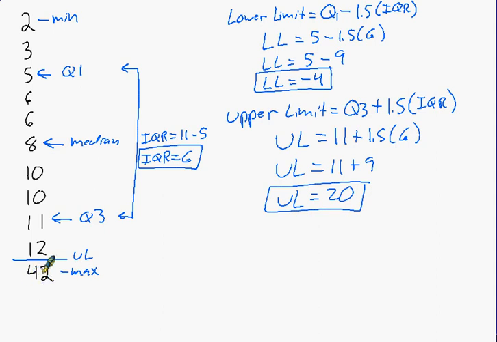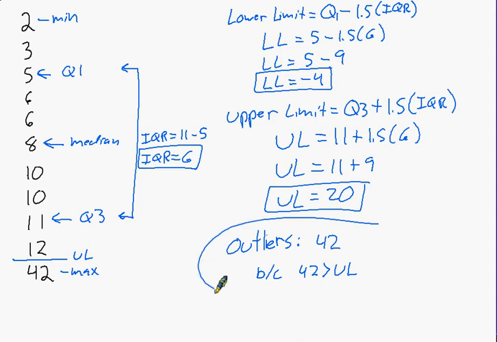So this 42 is on the other side, so we have identified one outlier. All right, the outlier is 42, because 42 is larger than the upper limit. And that's how you find outliers using the 5-number summary.